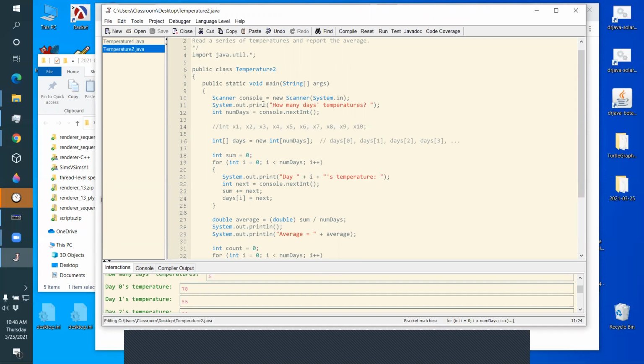It isn't until somebody tells me how much I need that I can actually create the array. So I need a way when the program is running to create lots of variables at runtime. And I want them to have names that I can step through in a loop. So that's what arrays give us.